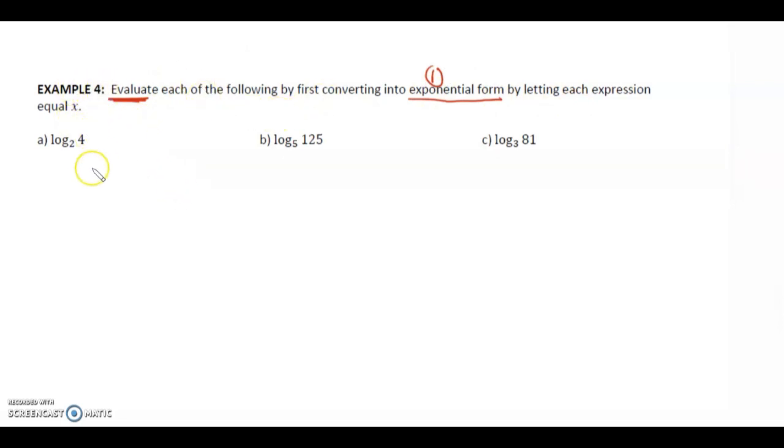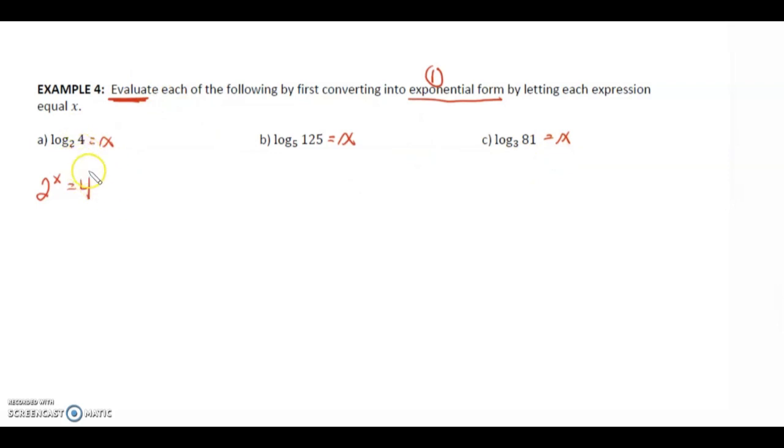Here's the thing: in your textbook, it's the most bizarre thing, but you're going to get questions where it's log base 2 of 4, and all of a sudden in the solution you have to convert to exponential form. So you're converting it to 2 to the x equals 4, but you're wondering where the x comes from. You can just assume that all of these equal x, and that's your variable. So 2 to what exponent gives us 4?